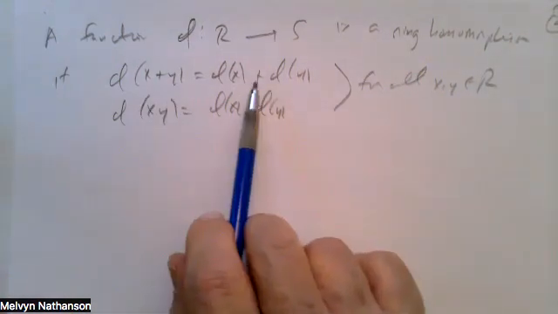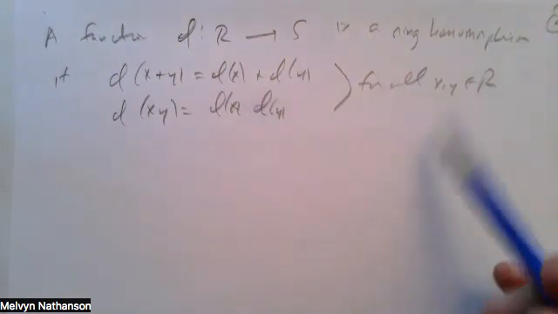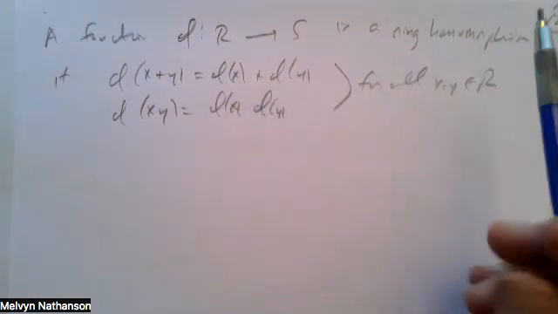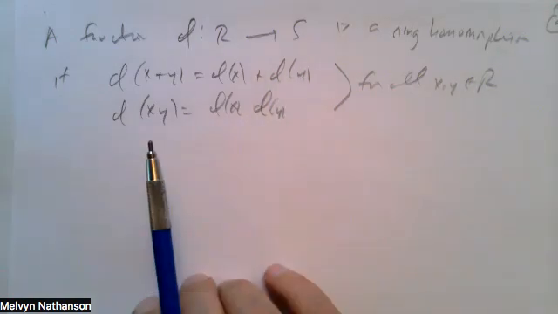So this is exactly the property that a group homomorphism had to satisfy. And we have a ring homomorphism if this similar property holds both for addition and also for multiplication.